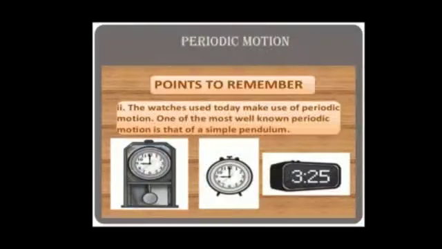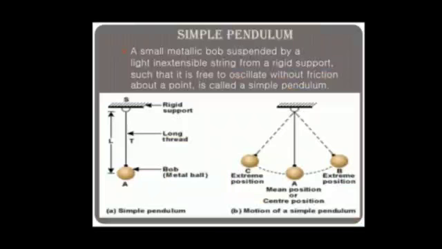One of the most well-known periodic motions is that of a simple pendulum. A simple pendulum consists of a small metallic ball or a piece of stone suspended from a rigid stand by a thread. The metallic ball is called the bob of the pendulum.